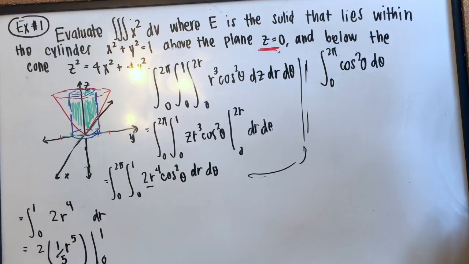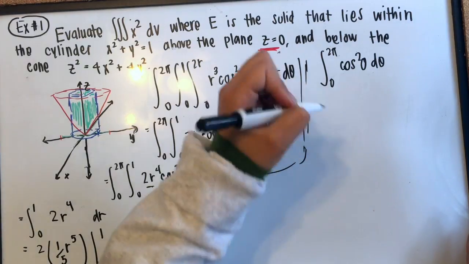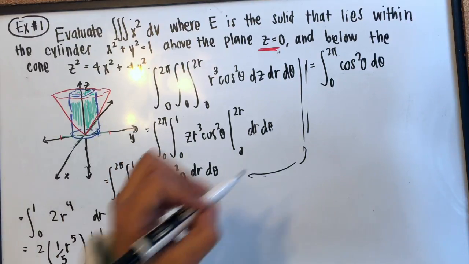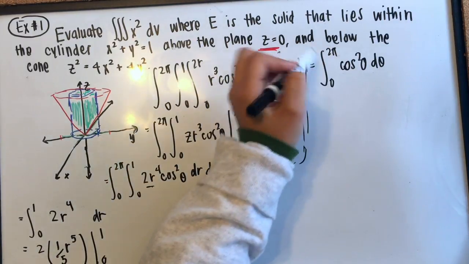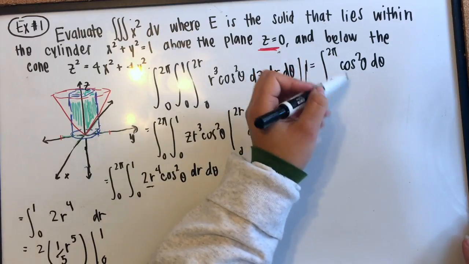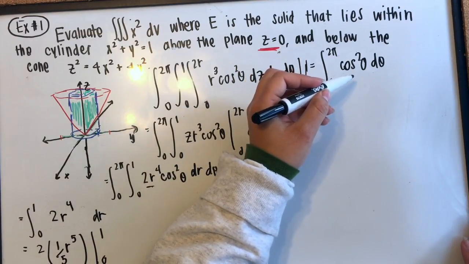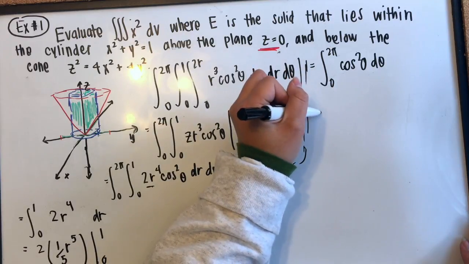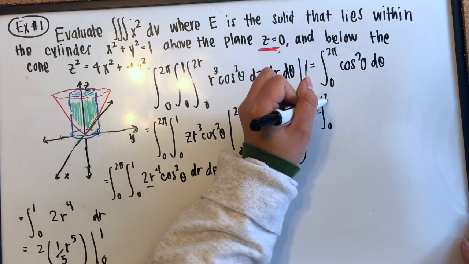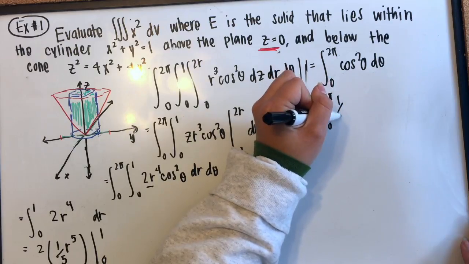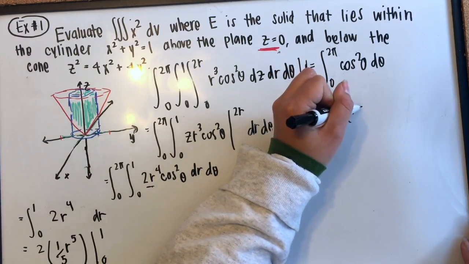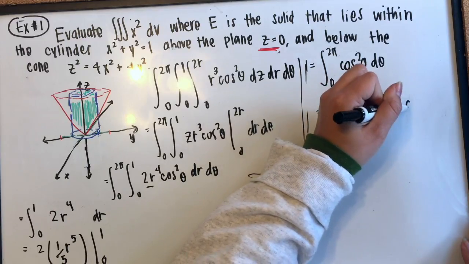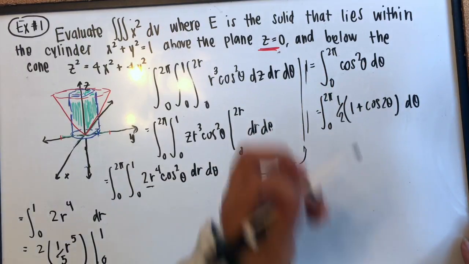Okay, so that's one of our answers. Our second part is here. We would have to use the half angle formula. So from 0 to 2 pi, this becomes 1/2 (1 plus cosine 2 theta) d theta.